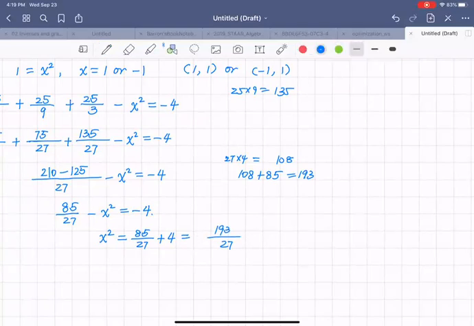So x is going to equal plus or minus the square root of 193 over 27. This is going to be an irrational number.